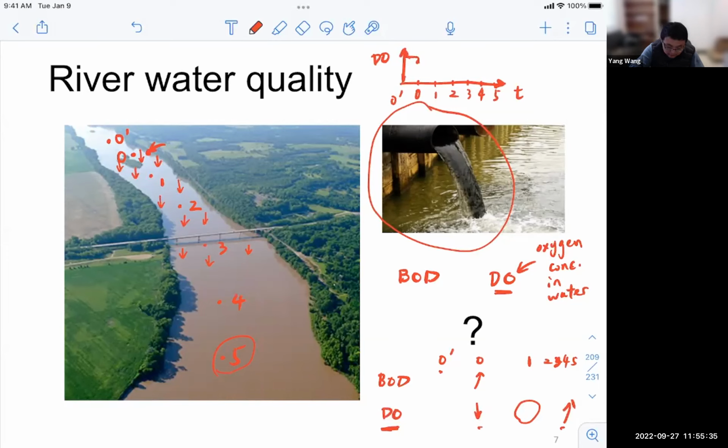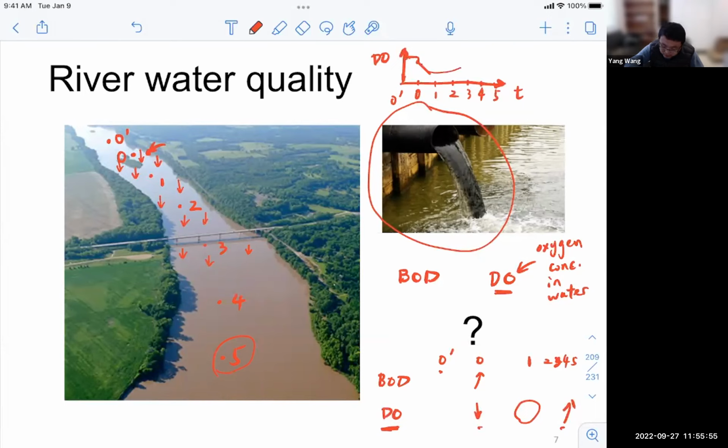So before you put in the sewage, you can have a higher dissolved oxygen concentration. Immediately after mixing, you have a lower dissolved oxygen concentration, and then it starts to decrease, right? The decrease is because there is BOD, there are organics in the water, okay?